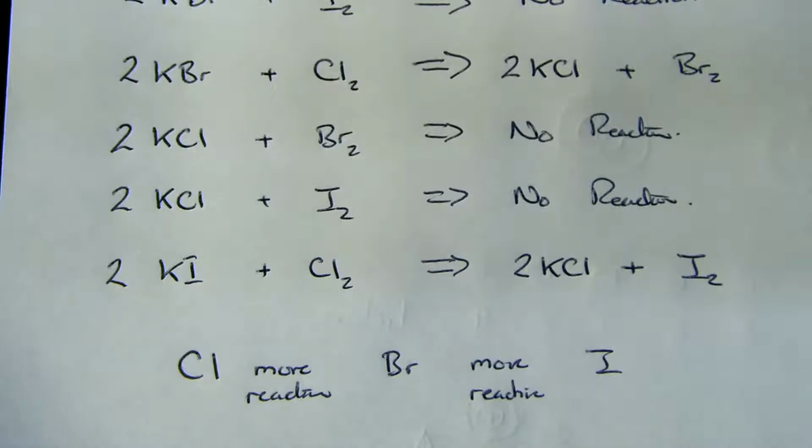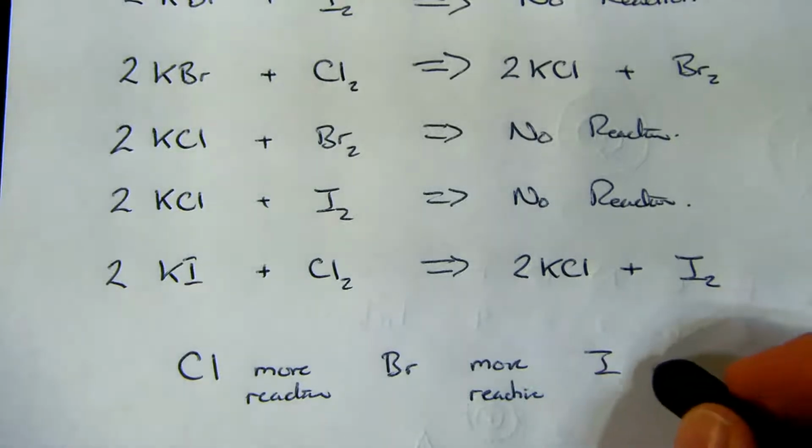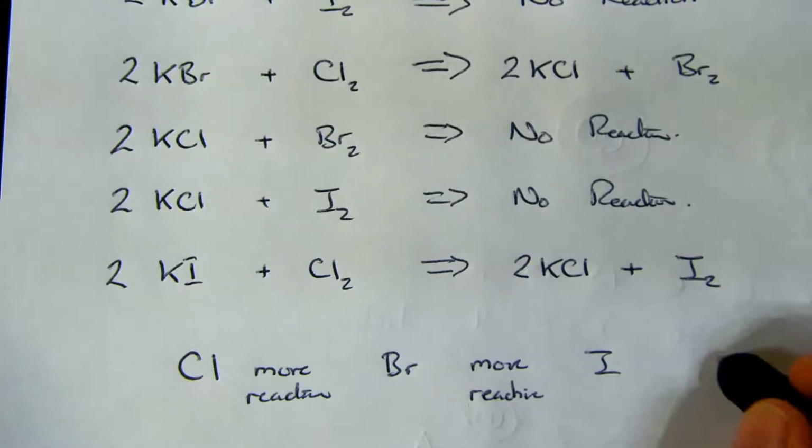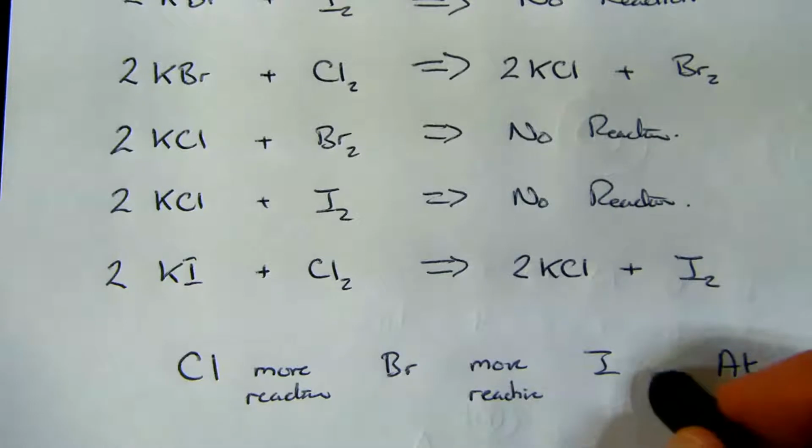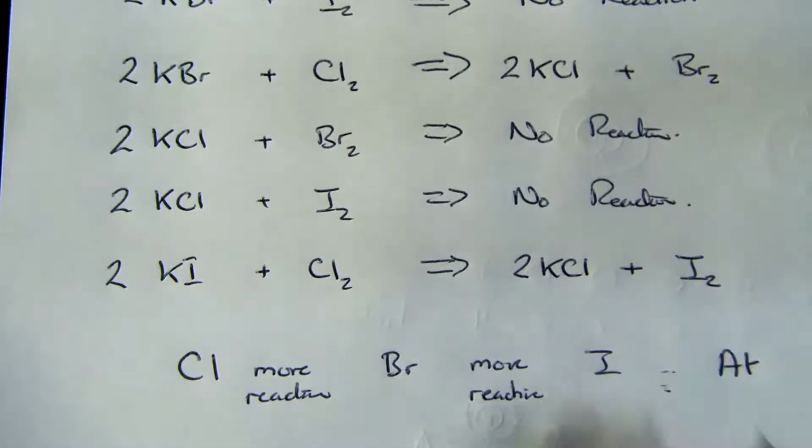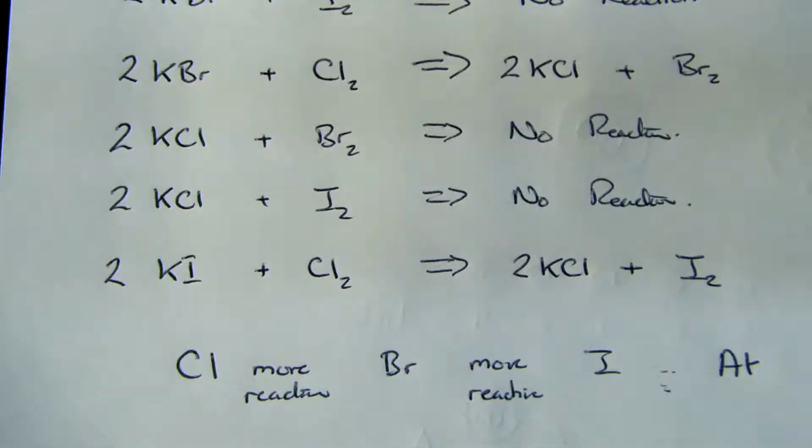And from this, we can probably deduce that fluorine is going to be more reactive than chlorine. The last of the halogens, astatine, doesn't exist. And nobody's seen it. So again here, it's something we would have to try and guess about.